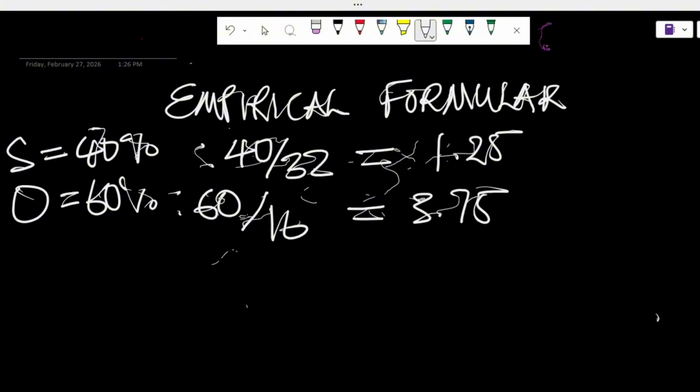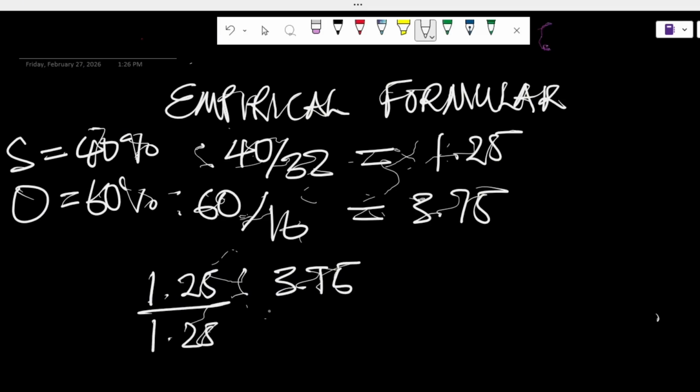Now, when you look at these two numbers here, notice that you are going to have the ratio of 1.25 to 3.75. So you can divide by the smallest. So here you can say 1.25 and then 1.25. So this goes into this once. So you're going to have 1, and then this is going to give you 3.